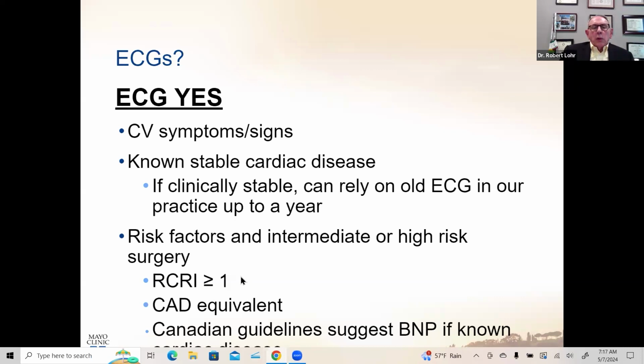And so the very low RCRI scores, so 1 or less, are a little suspect. And you would probably need to use another tool. And we'll, again, talk about that more. If it's more than 1, then you're probably on pretty solid ground that the patient is at higher risk. If there's a CAD equivalent, usually that's diabetes.